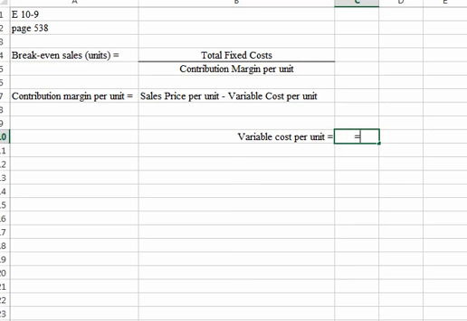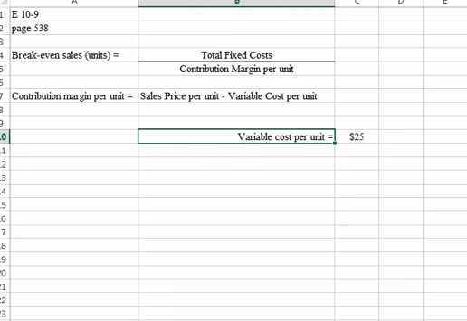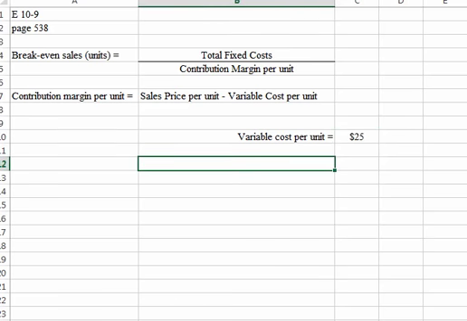Well, variable cost in total are $1 million when we sell 40,000 units. Remember, variable costs are ones that increase when production increases and decrease when production decreases. So if variable cost were $1 million at 40,000 units, we can take the $1 million cost divided by 40,000 units. And we get $25, our variable cost per unit.